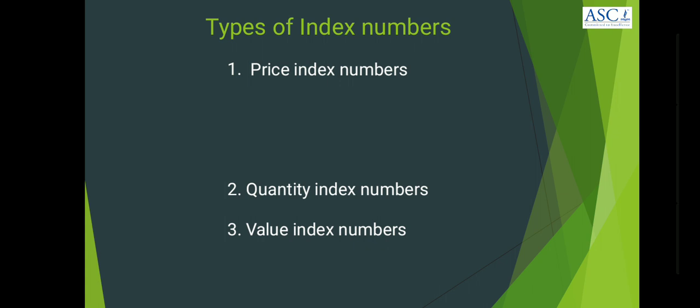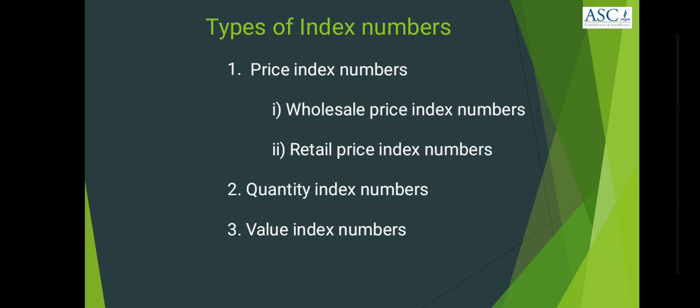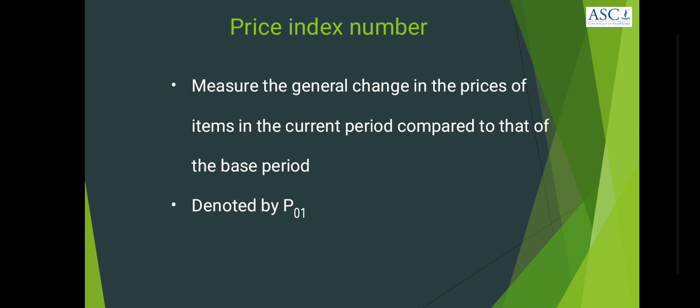Then, among price index numbers, there are two types. The first one, wholesale price index numbers, and the second type, retail price index numbers. Now let us learn their definitions. To start with, price index number.